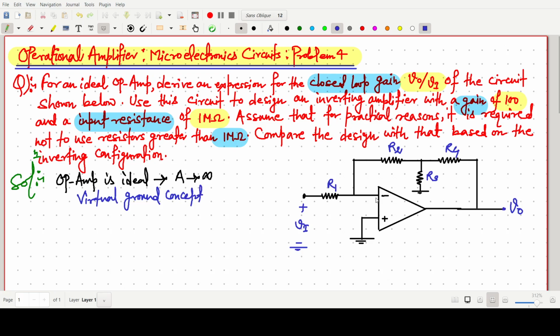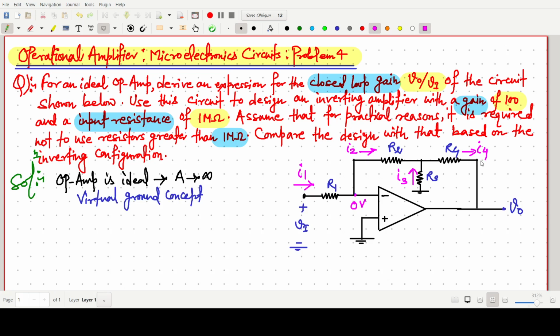This is our inverting amplifier, so this voltage is 0 volt because this one is grounded. For the time being, I am saying this one is our I1 current, this one is our I2 current, some current is going like this, I3, and this one is I4.